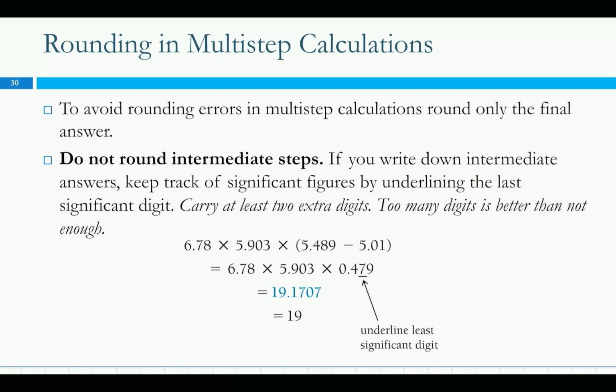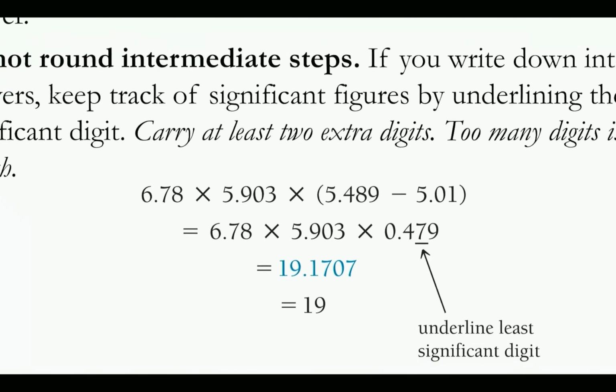So a good way of keeping track of what your significant digits are is to underline them. Generally, I will underline all of the significant digits. So in this example, I'm going to underline this one also, saying that the 4 and the 7 are significant. So when I go on and do my next calculation, we would say that 3.78, that's 3 sig figs. 5.903, that's 4 sig figs.